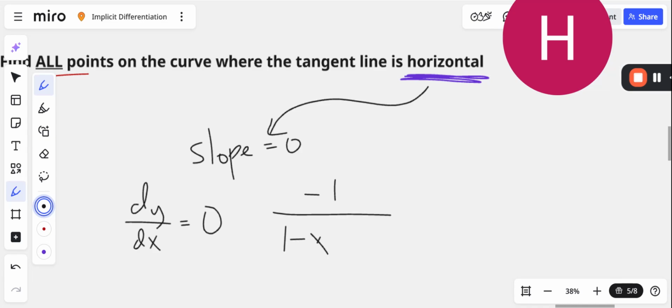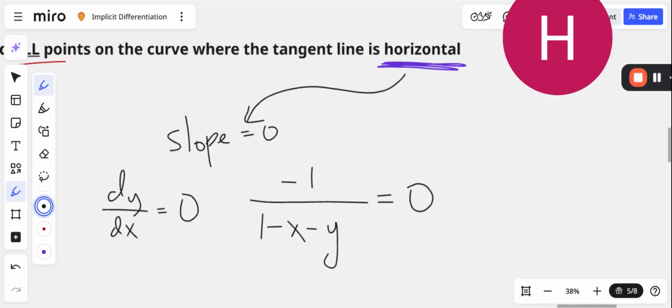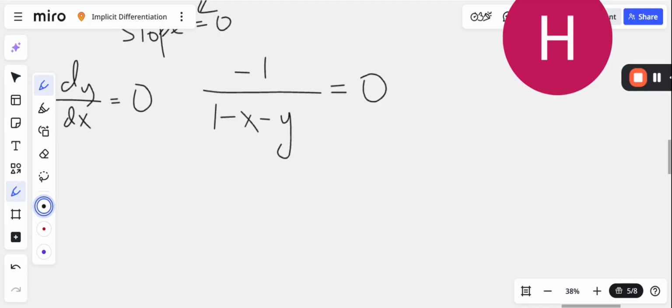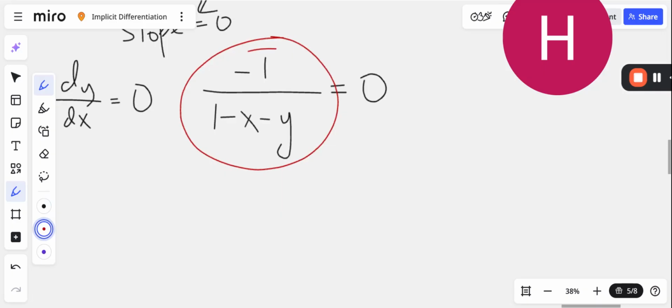But you should identify an issue with that right away. Do you see it? This could not possibly be 0, because in order for a fraction to be 0, the numerator would have to be 0.